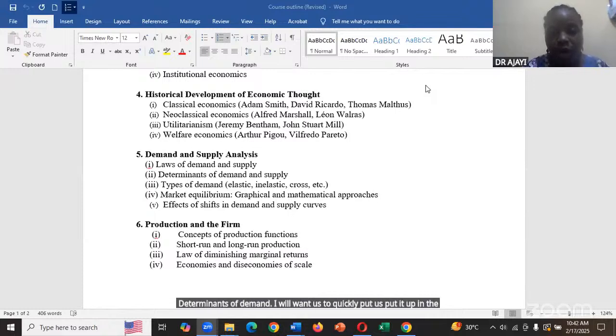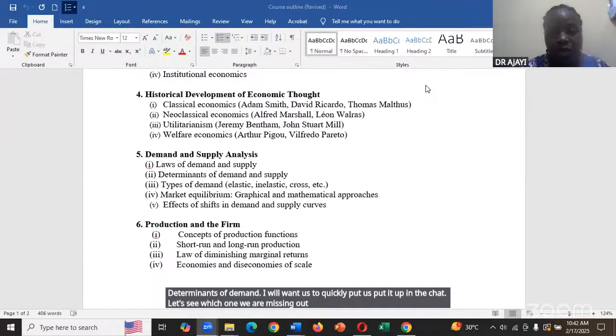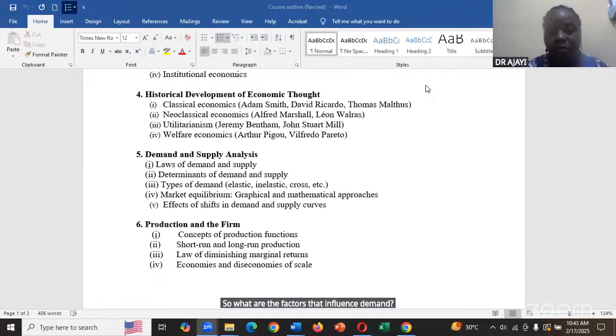Let's see which one we are missing out, then I will know which one to add. So what are the factors that influence demand?